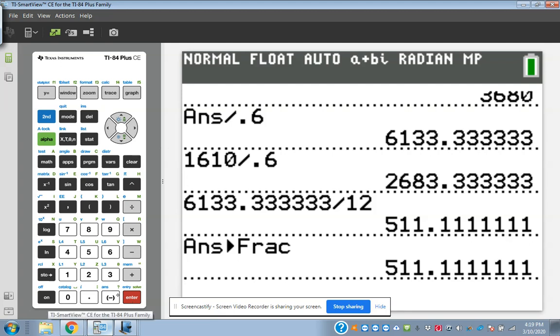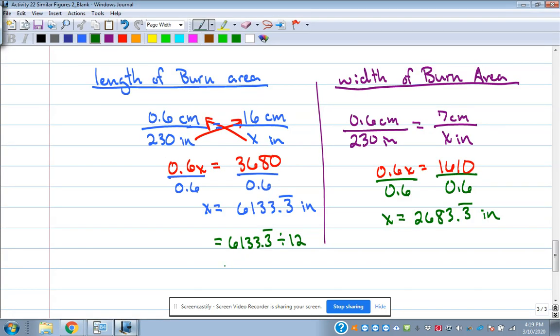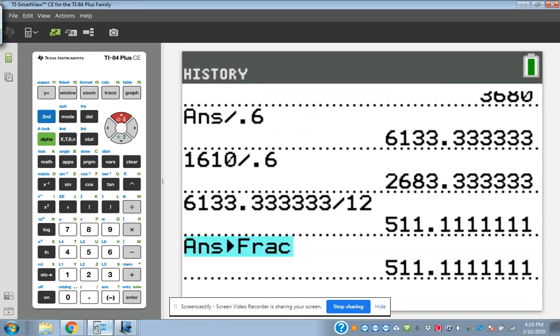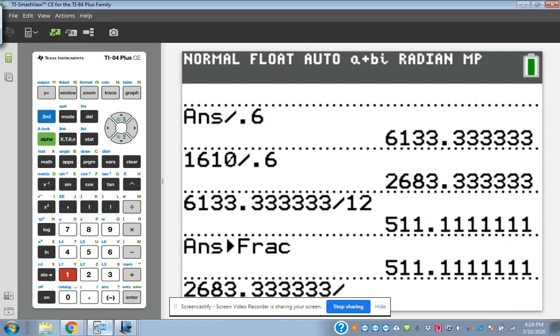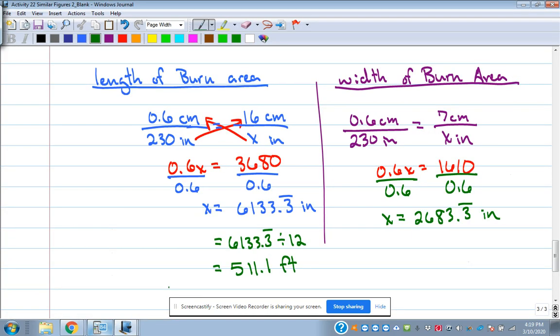Approximately. So we could go one decimal place and satisfy the approximately. That's 511.1 feet, right? And then take the 2683 divided by 12, and that's 223.6.